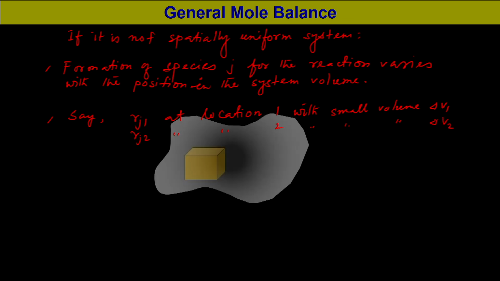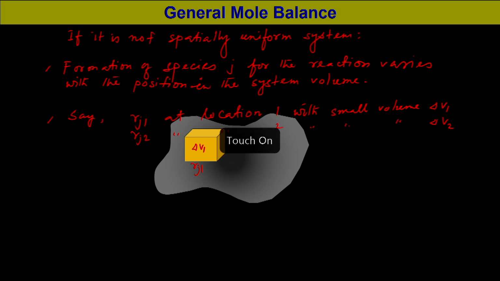So, like this is a small volume delta V1 at location 1 with rate Rj1.